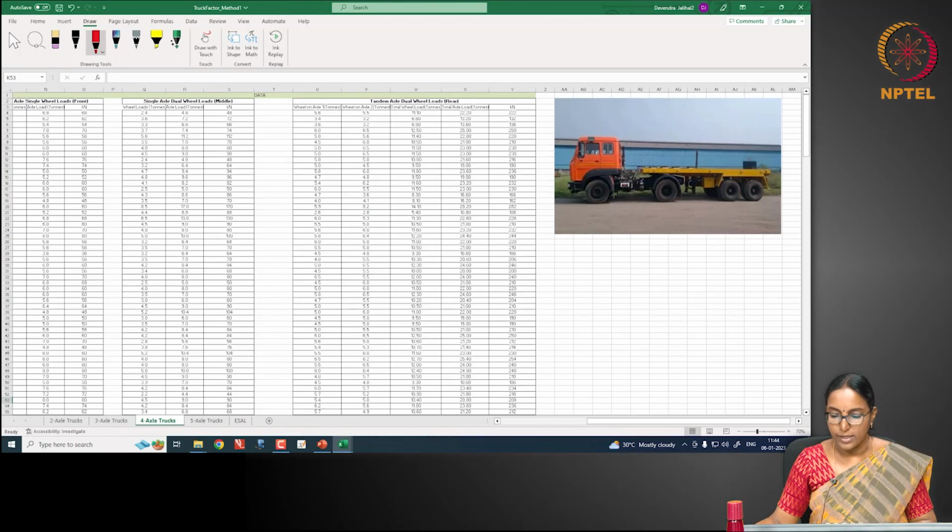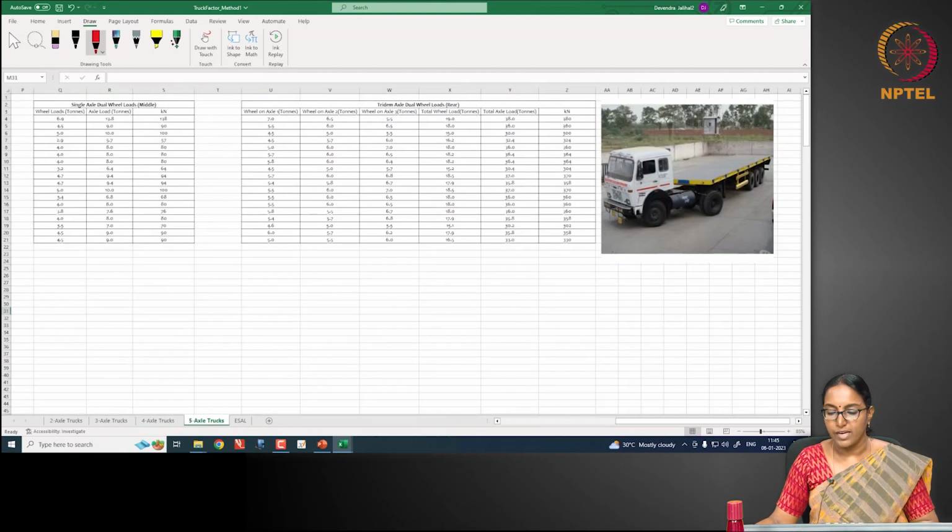And then you have a 4 axle truck here. You see that at the front there is a single axle single wheel assembly, and then you have a single axle dual wheel assembly, and then there is a tandem axle which is counted as 3 and 4. So there are 2 axles, so altogether there are 4 axles. Okay, so this class of vehicle is classified as a 4 axle truck.